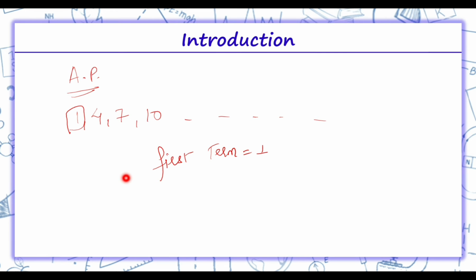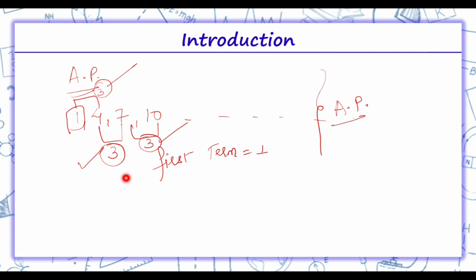The common difference, that is second term minus first term, 4 minus 1 is 3, 7 minus 4 is 3, 10 minus 7 is 3. Since common difference is same, therefore this sequence is known as arithmetic progression, or we call it AP.